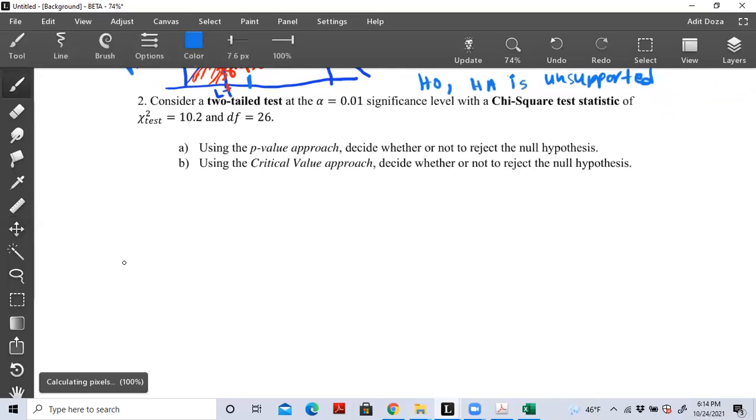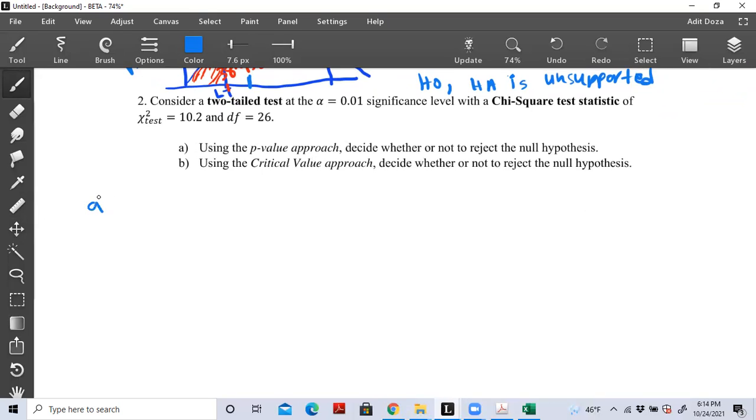Okay. So for a two-tailed test using the p-value approach, what do we have to do in this case? The chi-square test statistic is given as 10.2 and degree of freedom is given as 26, right? So for the p-value approach, we have to find both upper tail and lower tail, right?